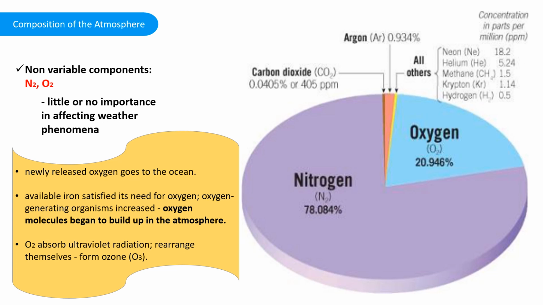And so these oxygen molecules absorb ultraviolet radiation, and when they absorb this ultraviolet radiation, they arrange themselves and form the ozone.